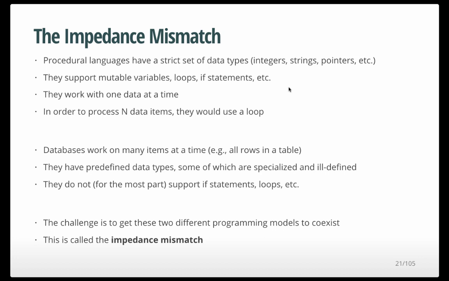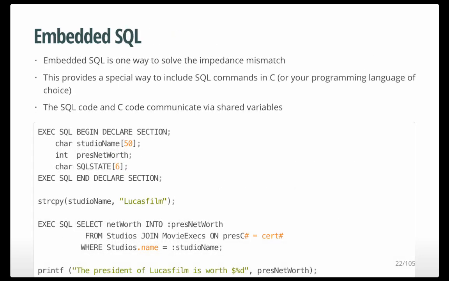So the reason that databases think of the world the way they do is really for efficiency. And if we can't get that efficiency when we connect to it from a procedural language, then we would never want to use a procedural language to talk to a database, which is ridiculous, right? So this is the problem that needs to be solved.